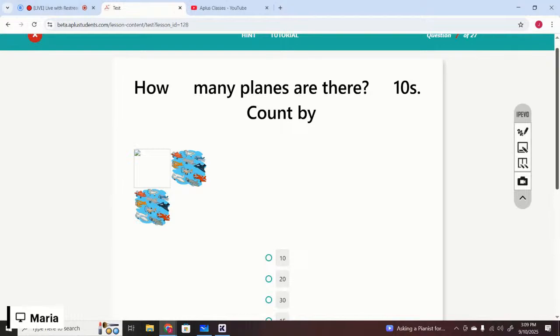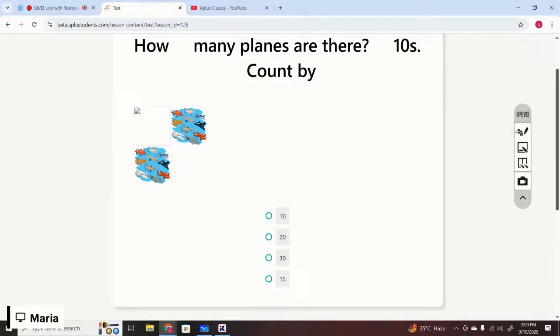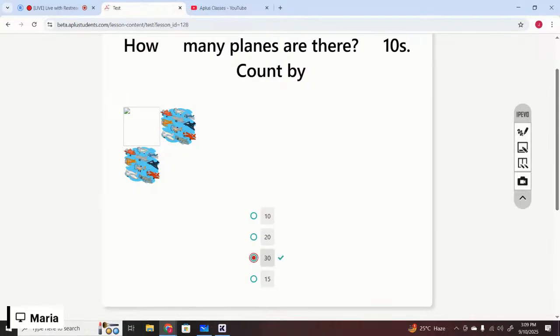How many planes are there? You have to count by tens. That is 10, 20, and 30. One of the images is not loading. The correct option is 30.